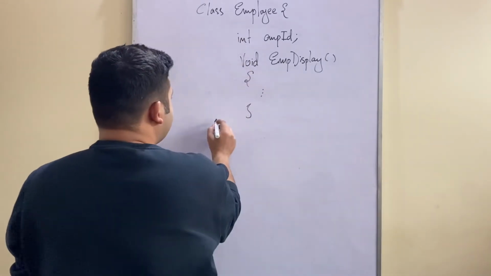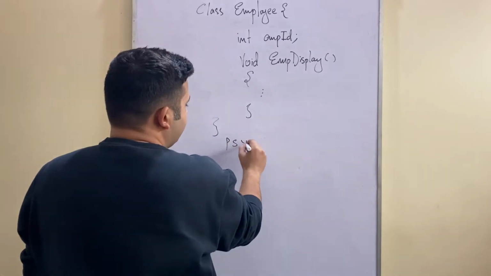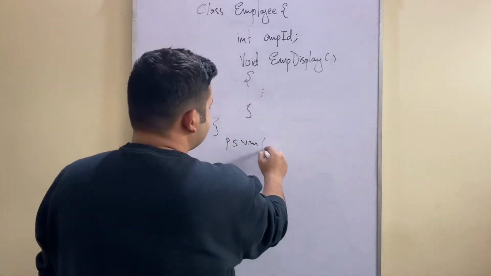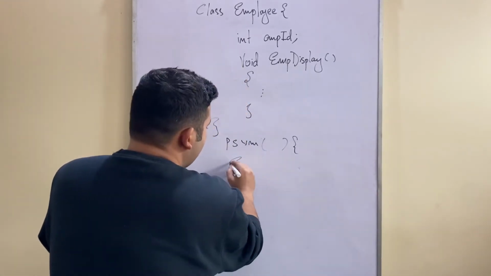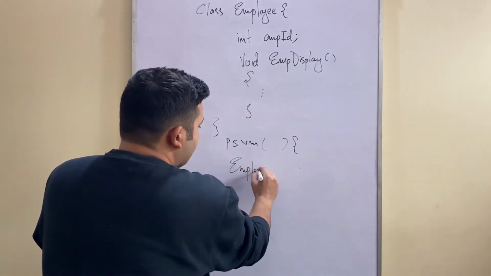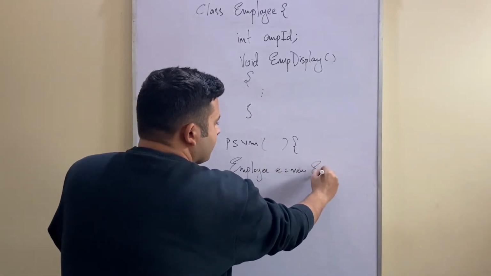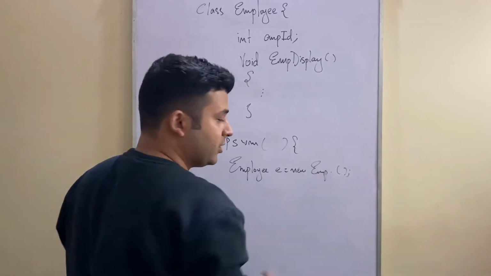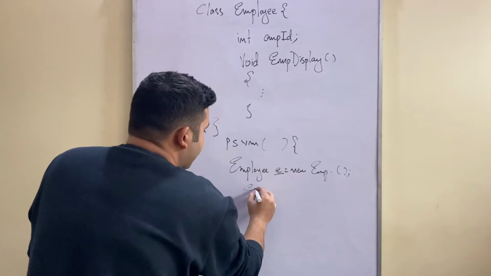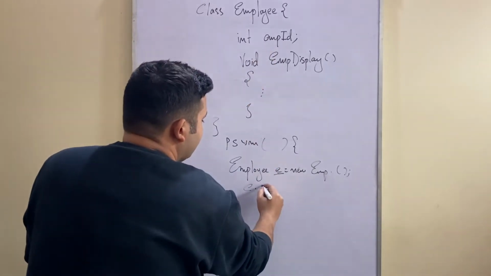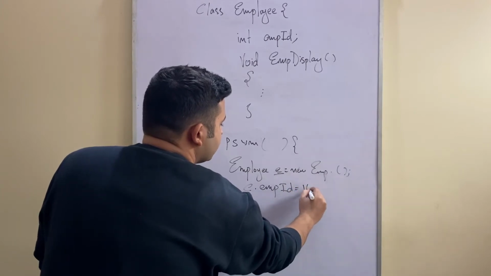If I create public static void main, I'm just writing in short, inside this I am creating an object of Employee. I have created object e of this class and I am modifying my variable equals to 101, suppose.